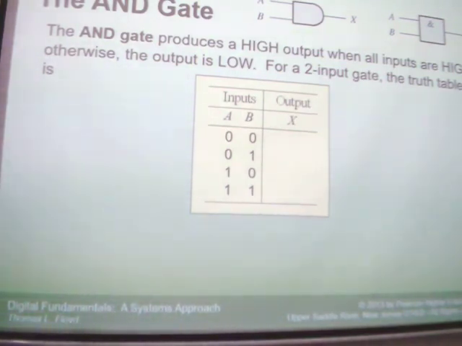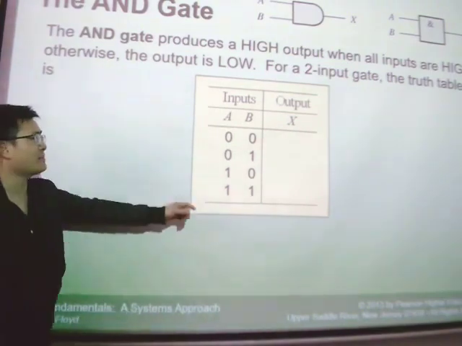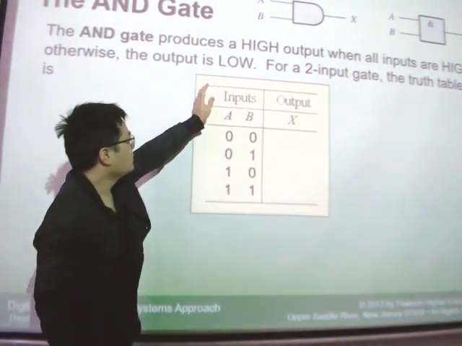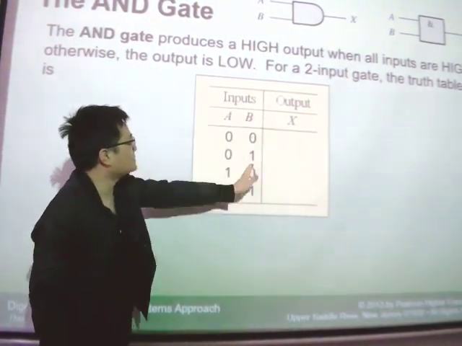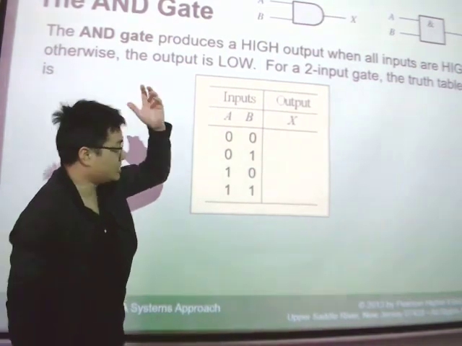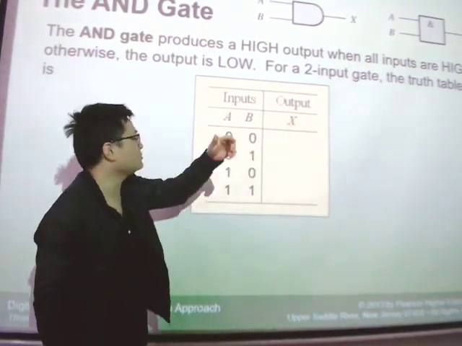The AND gate produces a high output when all inputs are high. Otherwise, the output is low. So we can get the truth table like this. The first two columns are the inputs, and the last column is the output.